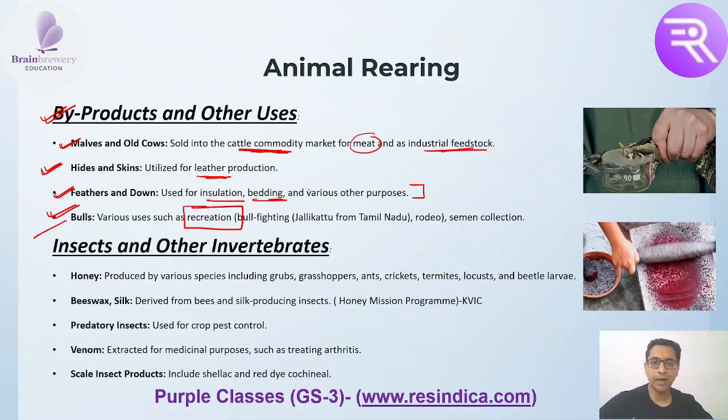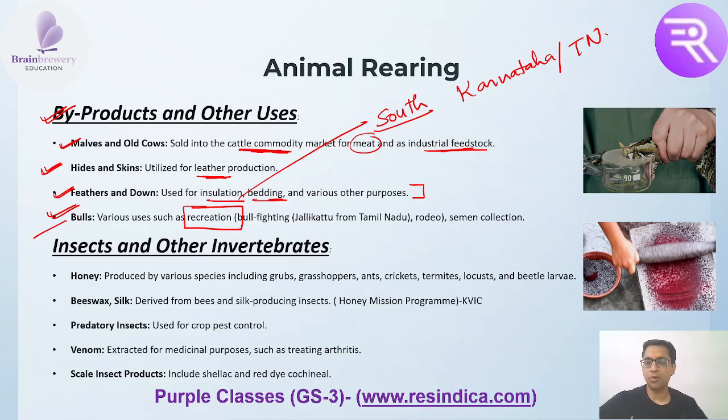But if you go to the southern part of India, to Karnataka or Tamil Nadu, they utilize bulls for various types of bullfighting games, that is Jallikattu from Tamil Nadu, and rodeo. Bulls are also utilized for semen collection.